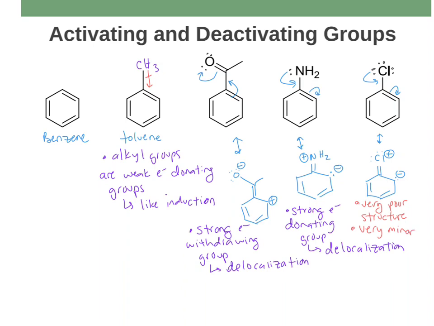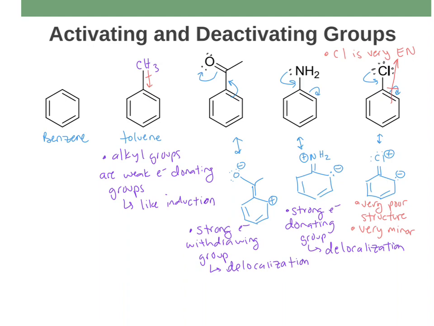So it's not really donating electrons in very well through resonance. The larger effect is going to be the fact that chlorine is so electronegative that it's going to be pulling electrons out. So it's actually going to be withdrawing using induction. That's going to be its overall effect. That's what we see through the experiments too.